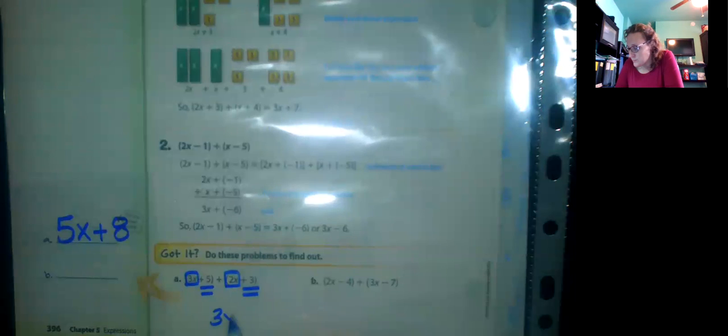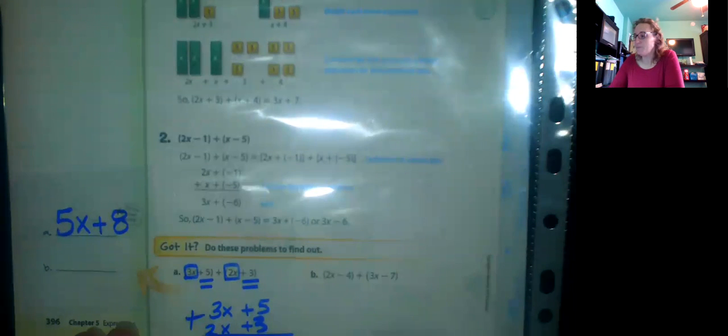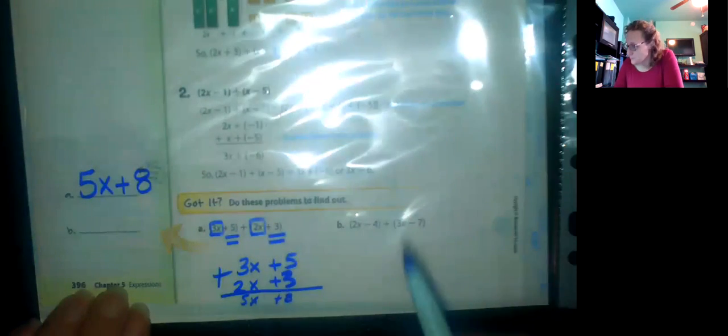Now, if you look at this problem, they wrote it right on top of each other. You could do that too, as long as you line up the variables and the constants, you should then just be able to add them together. So there's your 5x and there's your 8. There you go.